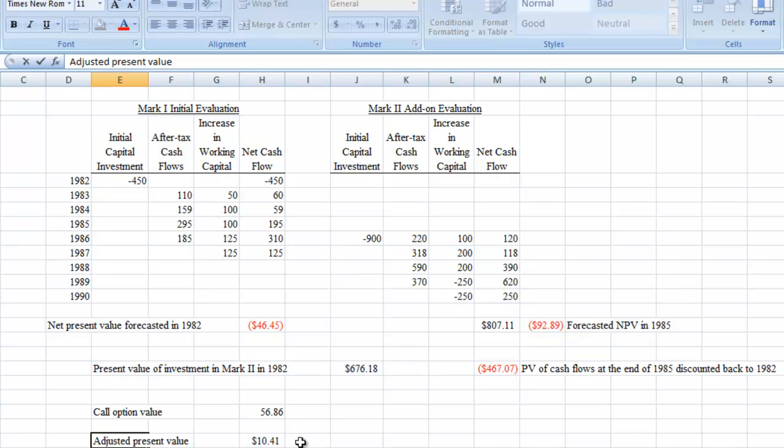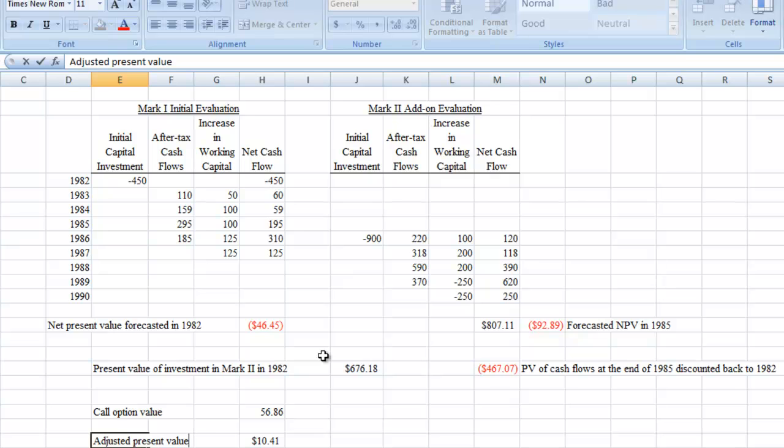This time it's positive. So we might want to wait and see and then be able to exercise this option, because this could generate a whole bunch more in cash flows than we anticipate right now. So basically that's it in a nutshell.